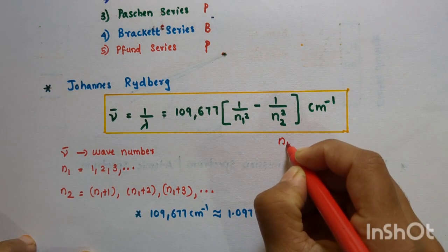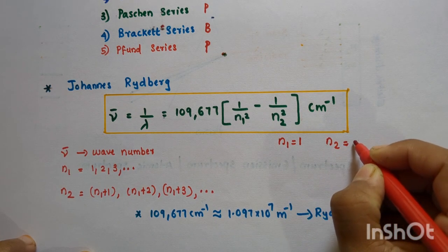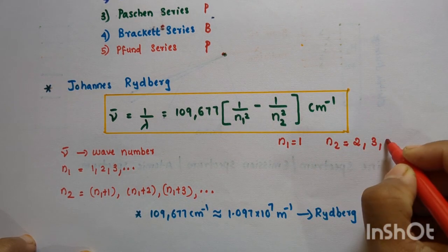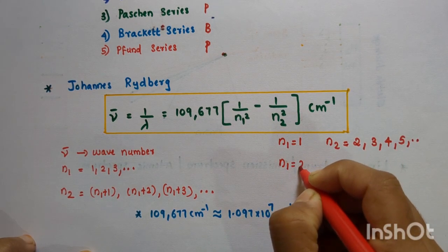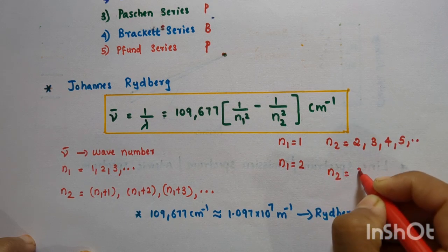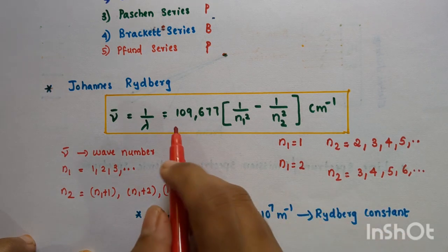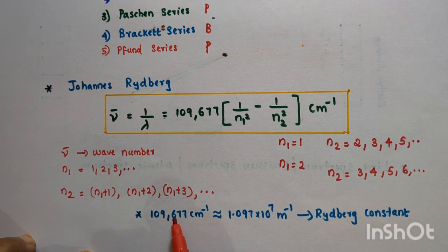That is, when n1 is equal to 1, n2 will be n1 plus 1, that is 2, n1 plus 2, that is 3, n1 plus 3, that is 4, 5, etc. Similarly, when n1 is equal to 2, n2 can have values 3, 4, 5, 6, etc. And this value 109677 centimeter raised to minus 1 can be approximated to 1.097 into 10 raised to 7 meter raised to minus 1.